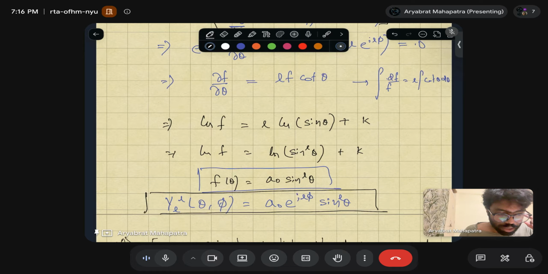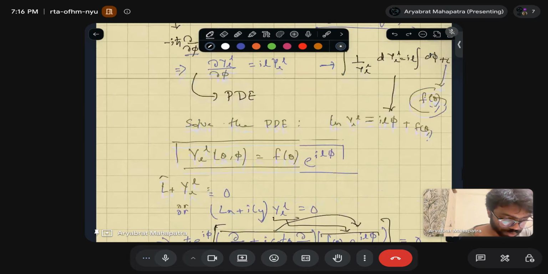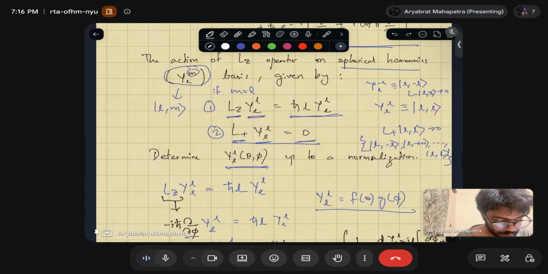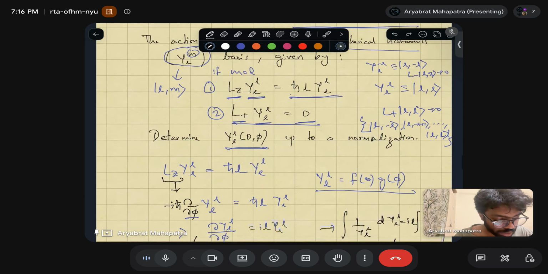As I was telling you at the beginning, even if we do not have any idea about the expression of Y_l(θ, φ), we can start from a condition such as this. We use this condition to know exactly the form of Y_ll.